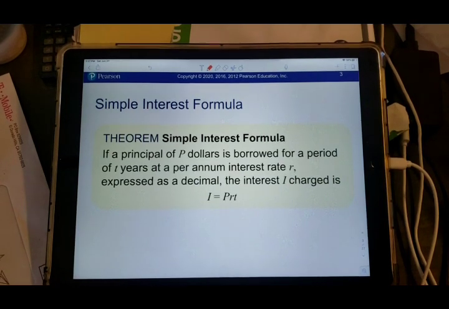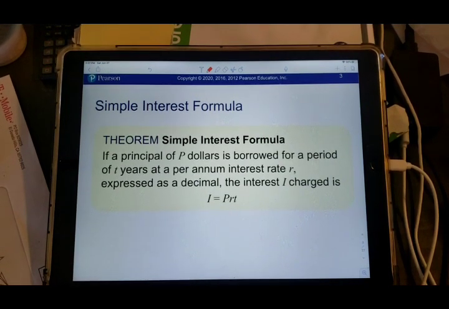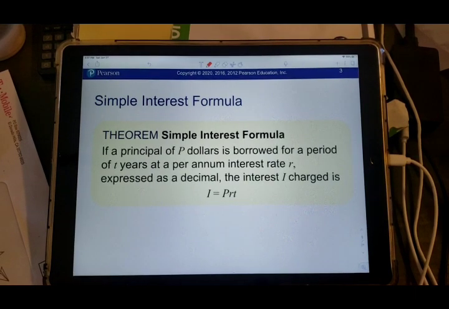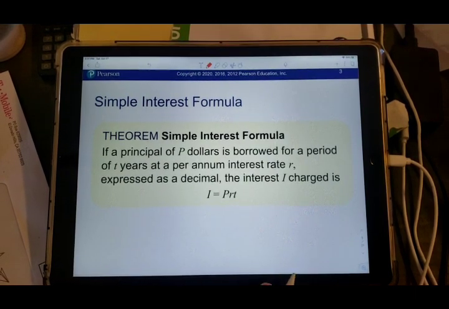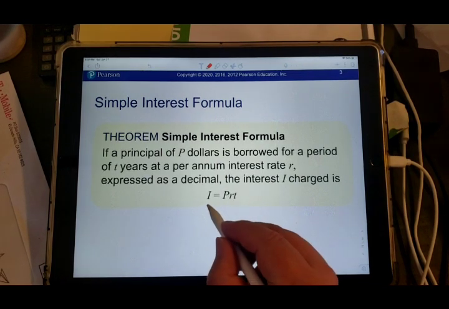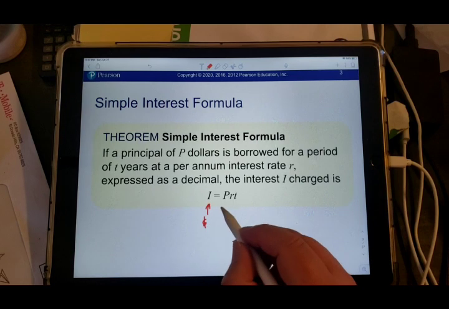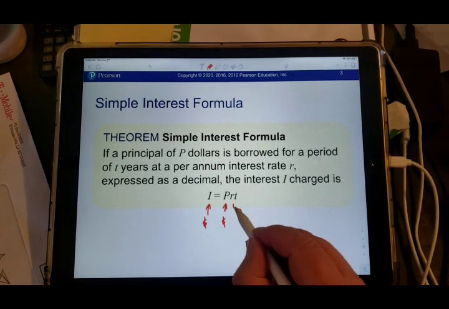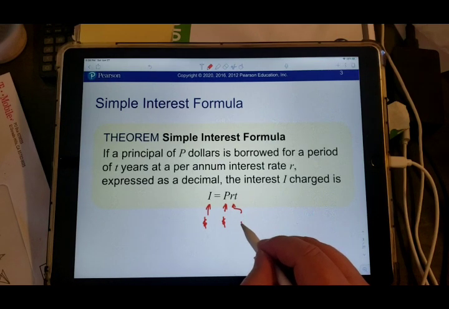But let's go through some formulas. And the book starts off with this formula, a super easy formula. I mean, all it involves is multiplication. And they tell you, the interest you make in dollars is the principal you invest in dollars, times the rate as a decimal.